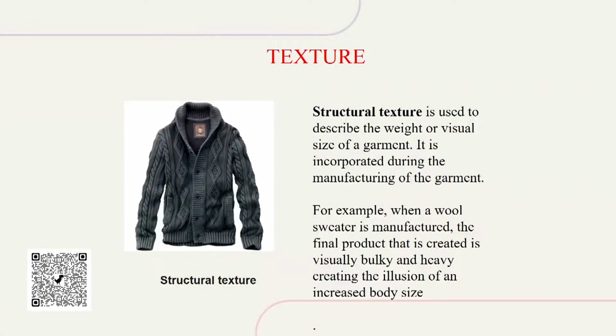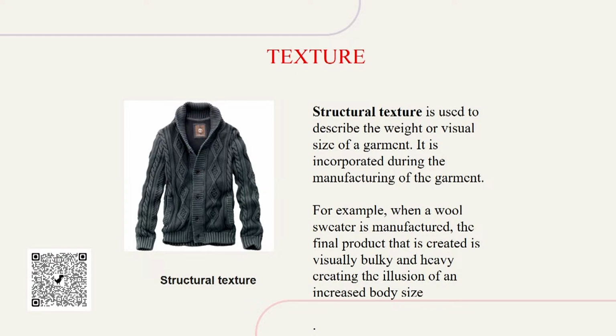The first category of texture is structural texture, which is used to describe the weight or the visual size of the garment. It is incorporated during manufacturing of the garment. While the fabric or the garment is being manufactured, the structural texture is incorporated in the garment. Here, for example, I have taken an image of a woolen sweater.